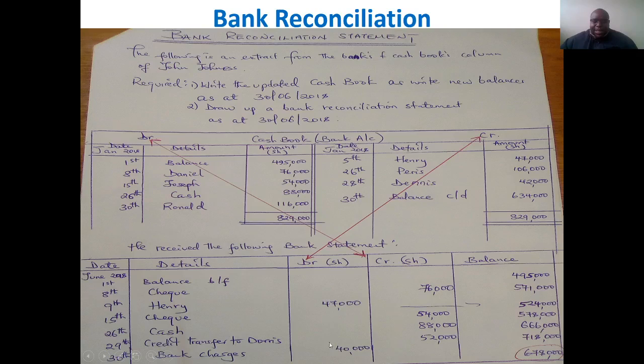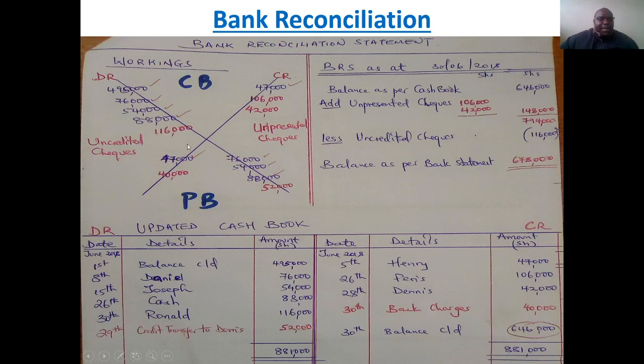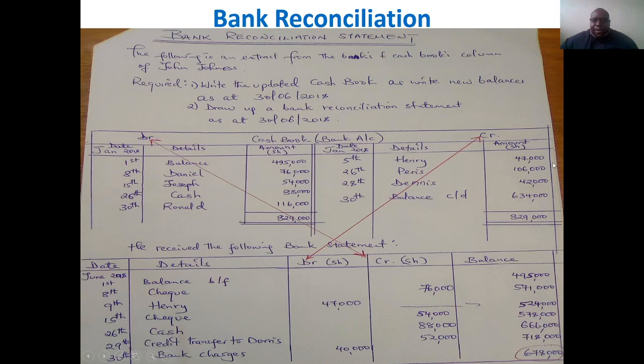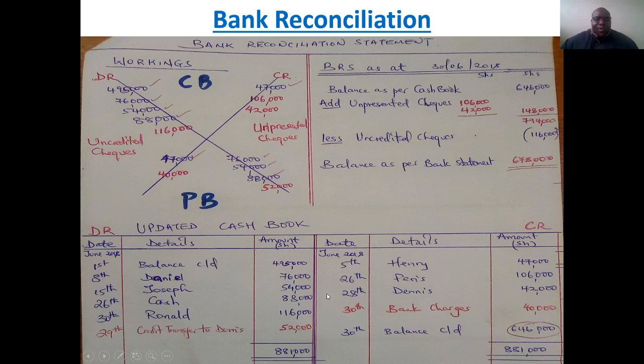This will be recorded under the bank. So, on the debit side of the bank account, passbook, according to the bank, we have 47,000. You don't write them twice, you write them once. Then we have 40,000.